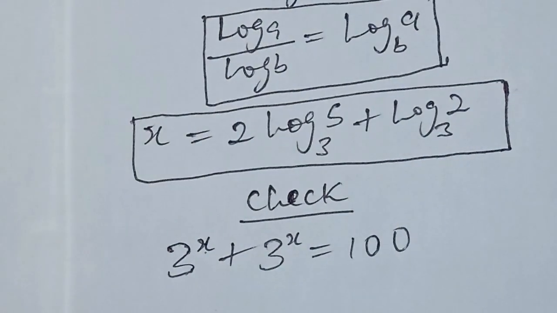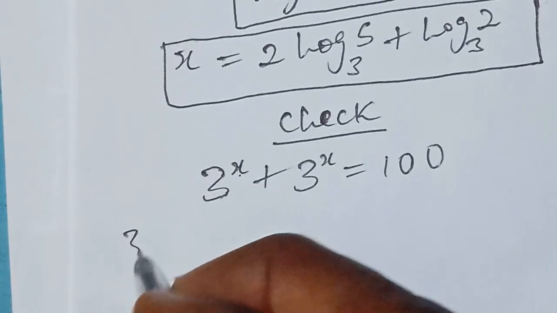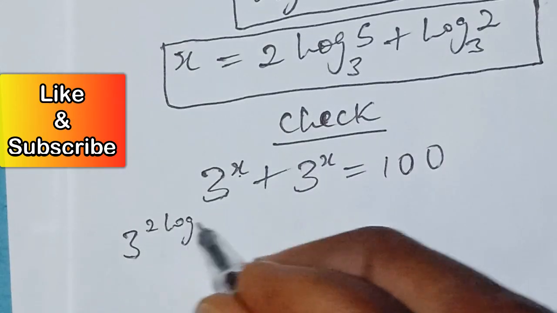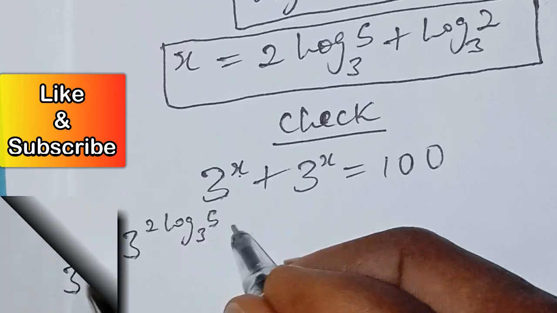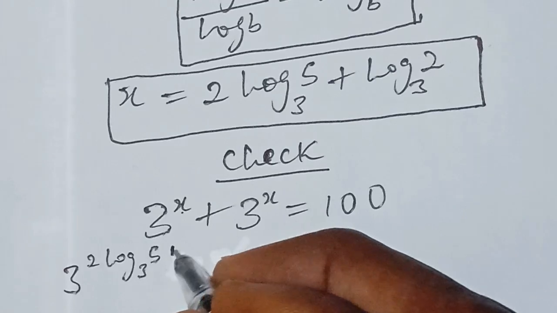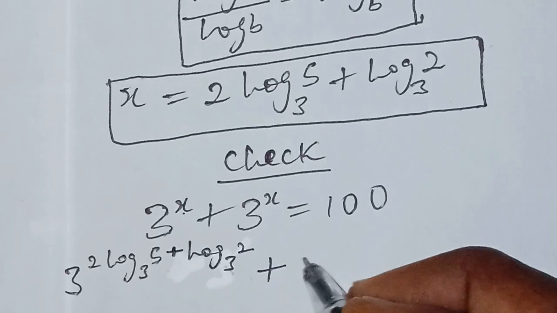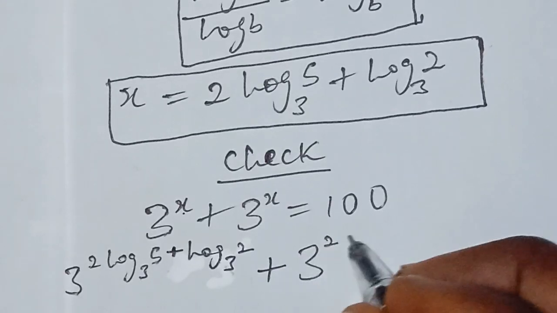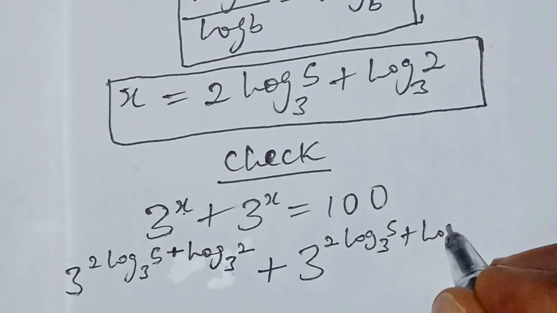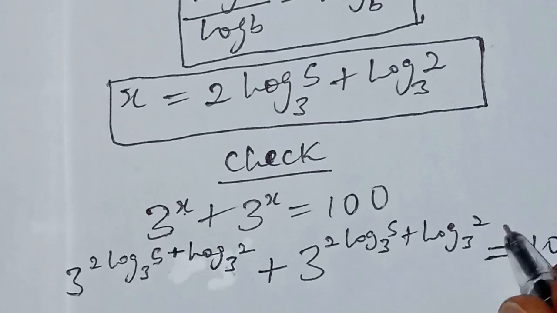So we now have 3 raised to power 2 log base 3 5 plus log base 3 2, plus 3 raised to power 2 log base 3 5 plus log base 3 2 equal to 100?